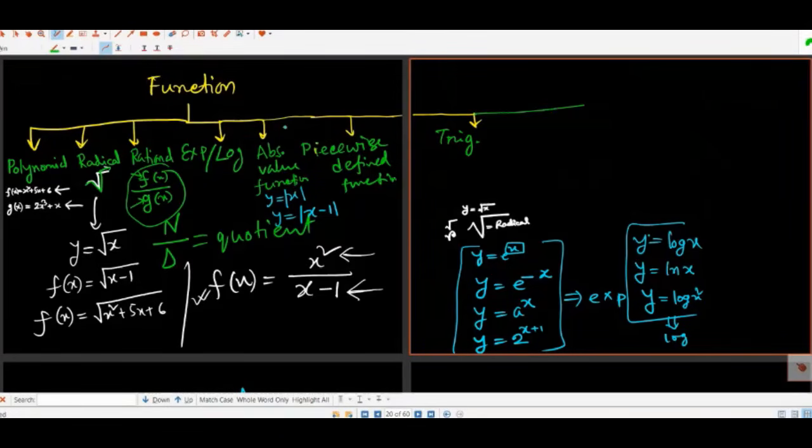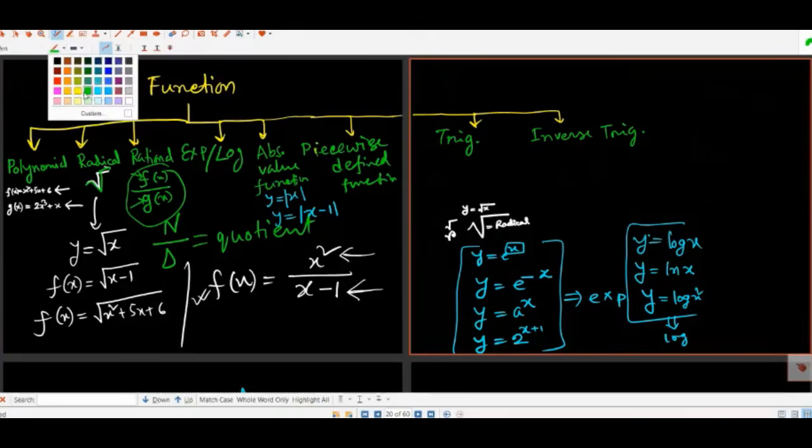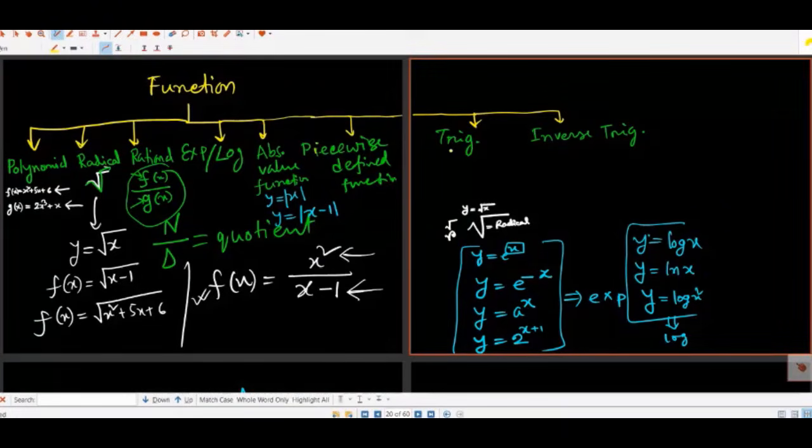And then we have inverse trig function. So what is trigonometric function? Let's say we have y equal to sine x, y equal to cosine x, y equal to tangent of x. So sine, cosine, tan, cotangent, secant, cosecant. So you know all these things are called trigonometric function.